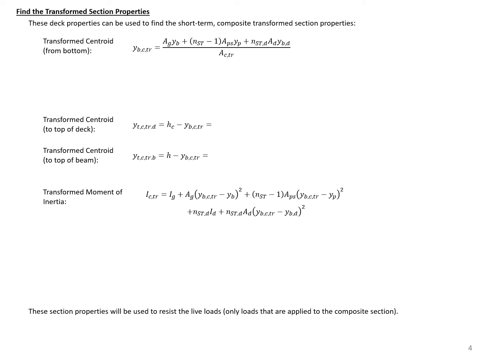Now we can find the transform centroid, and we're going to measure this from the bottom of the section so that there's no confusion of whether we're measuring from the top of the deck or the top of the beam. So this is from the bottom of the precast beam. So we'll start.